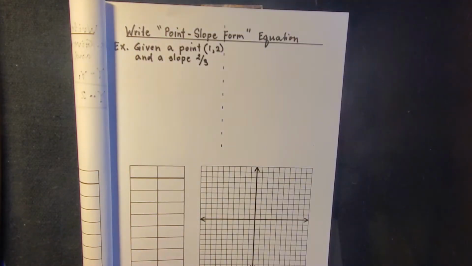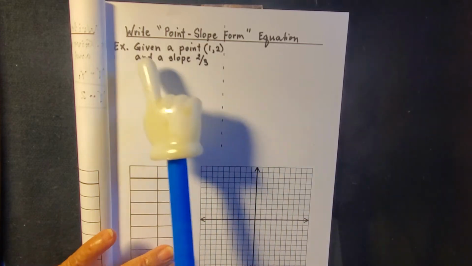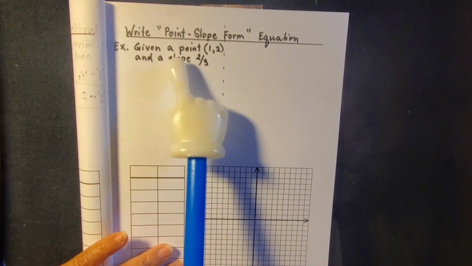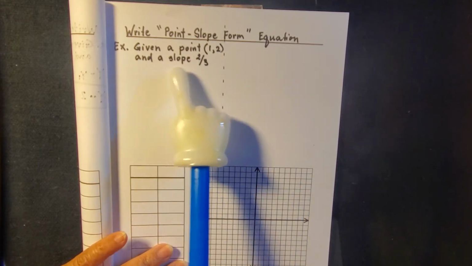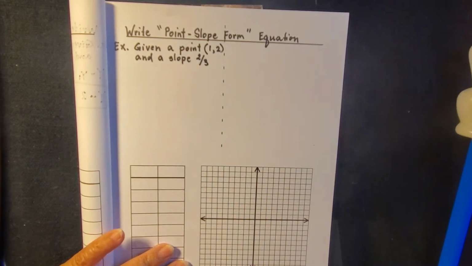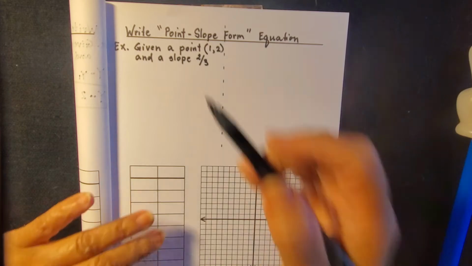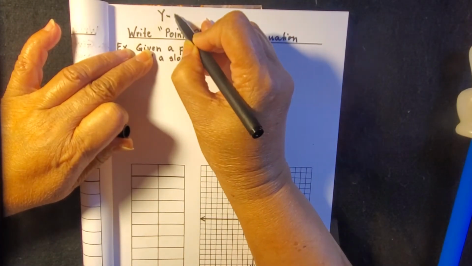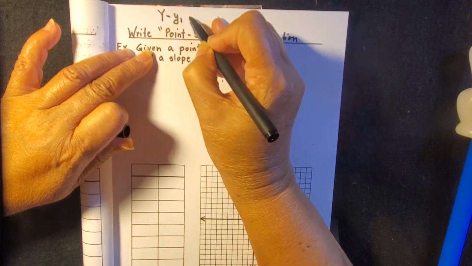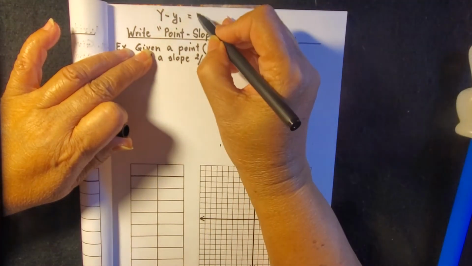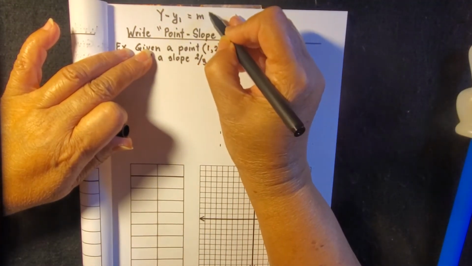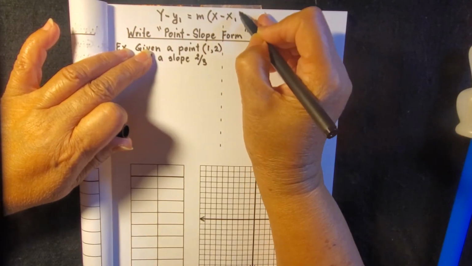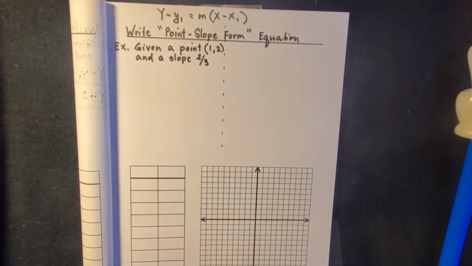I have an example here. We will write a point-slope form equation given a point (1, 2) and a slope 2/3. Now, I will write at the top the formula for the point-slope form of the equation.